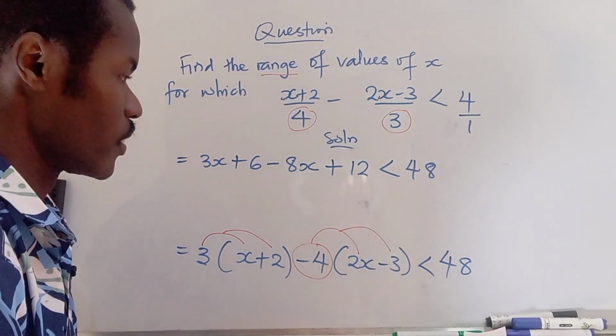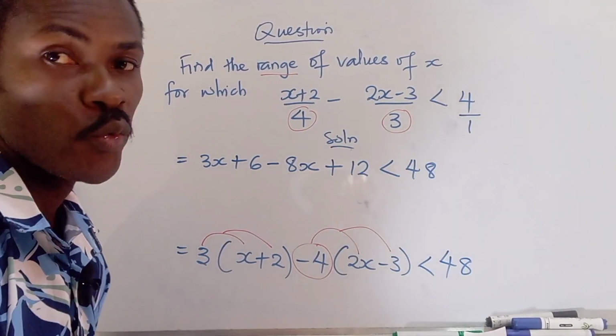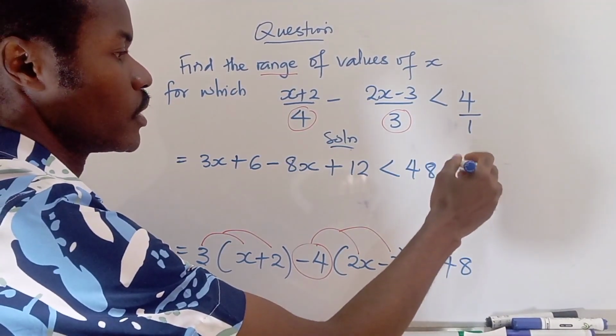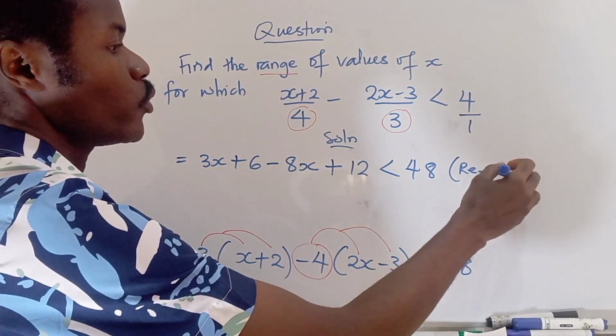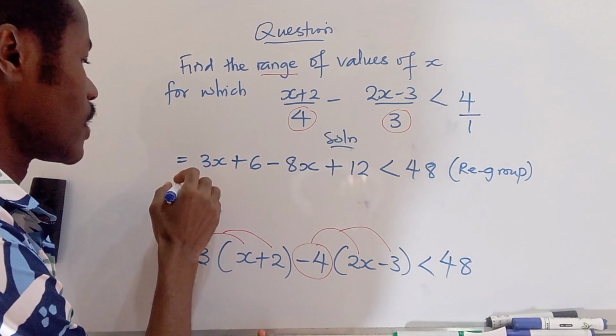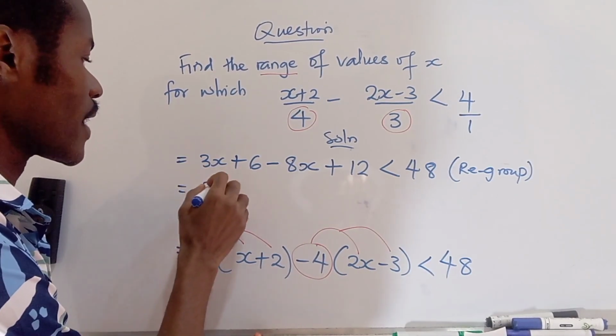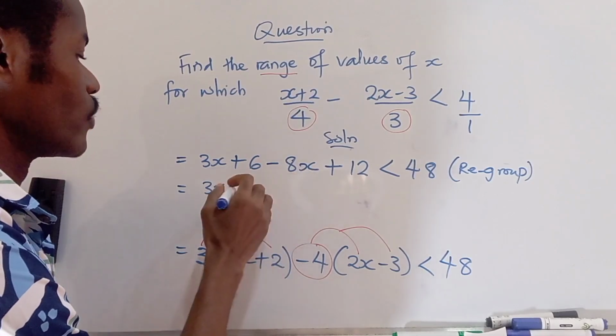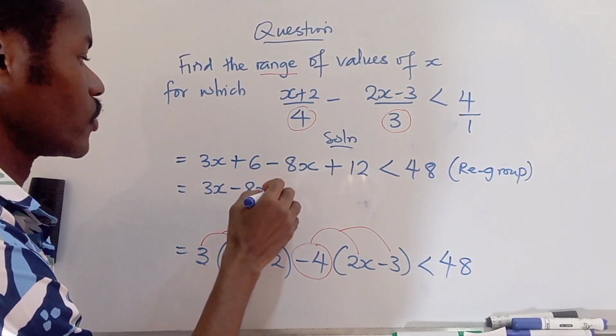Now that we have this, we are going to regroup. When I say regroup, we want to collect like terms. So I can see that we have 3x here, and we are going to bring minus 8x close to that.